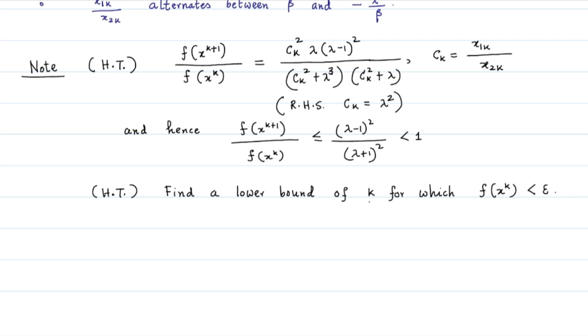You will find that the value of k for which f of xk is less than epsilon is quite a large number, and when lambda gets bigger and bigger, the lower bound of k gets larger and larger. So for high condition number, for high value of lambda, or for ill-conditioned Hessian, the steepest descent method takes a large number of iterations to reach a stationary point or a minimum value of the function f.